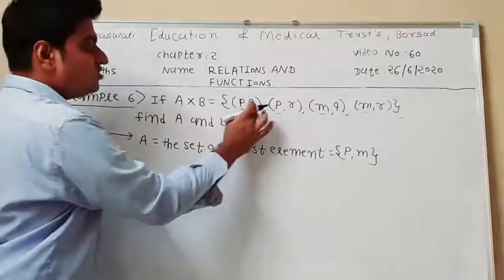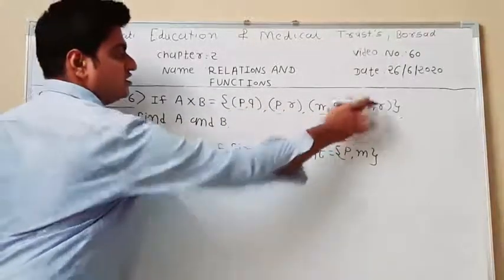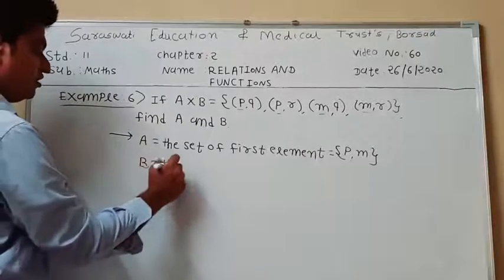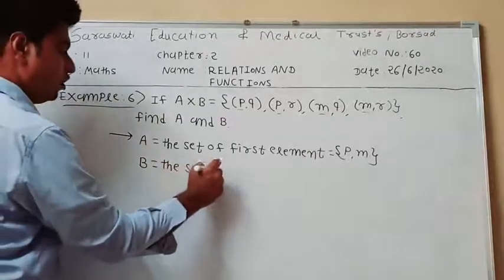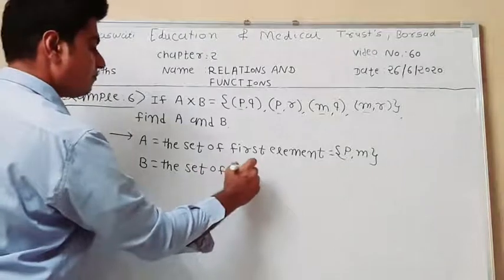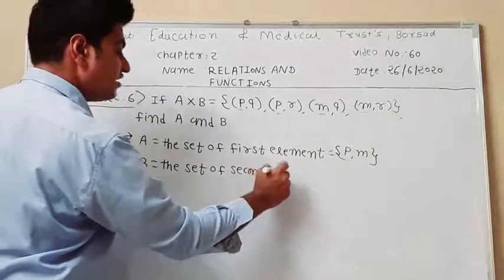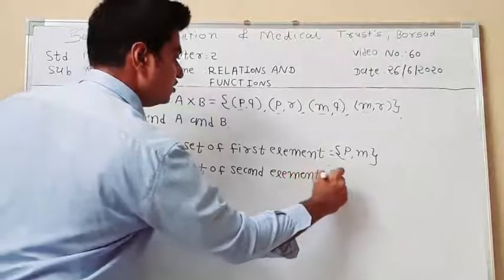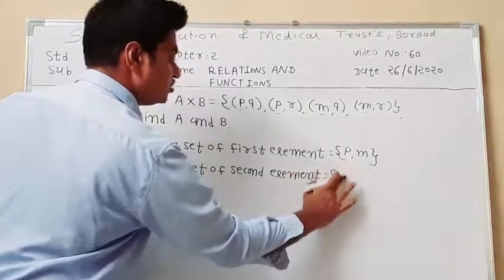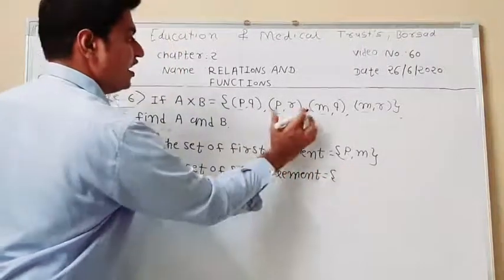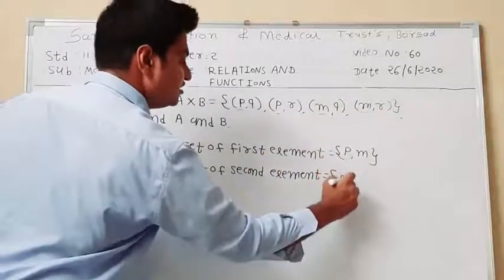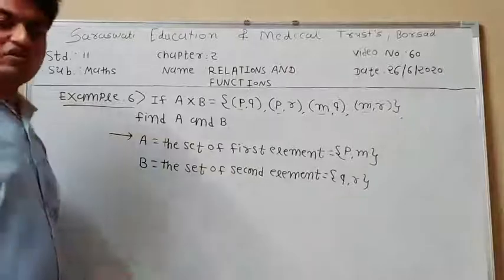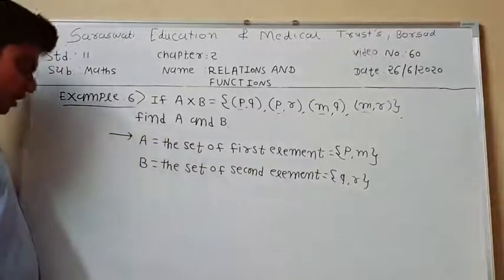So the second element is present in set B. So B is equal to the set of second elements, here Q and R. So our set B is equal to {Q, R}.